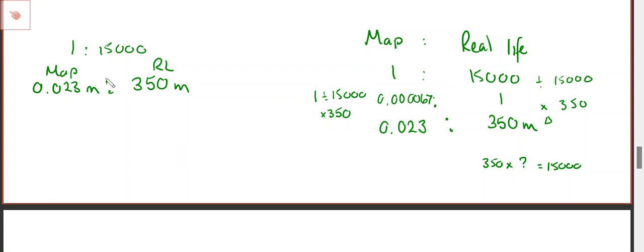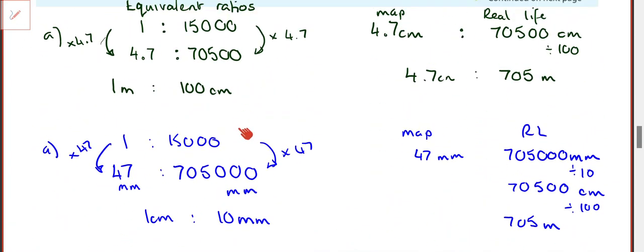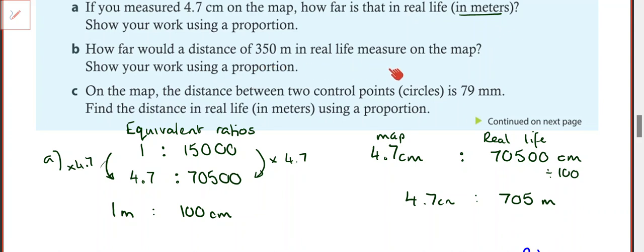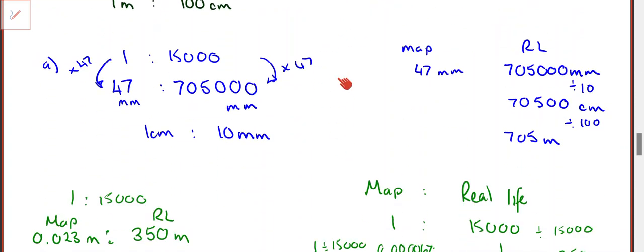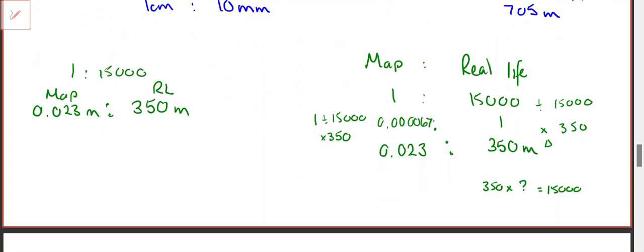But what did it want as our answer? It wanted our answer, right? How far would you measure? Oh, okay, it doesn't actually tell us. 0.023 meters. Now, we could change that into how many centimeters that would be.